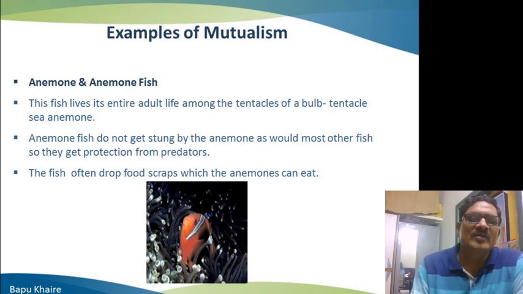And anemone fish do not get stung by the anemone as most other fish would, so they get protection from predators. The fish often drop food scraps which the animals can eat. So this is also mutualism, but this is not an obligatory mutualism.